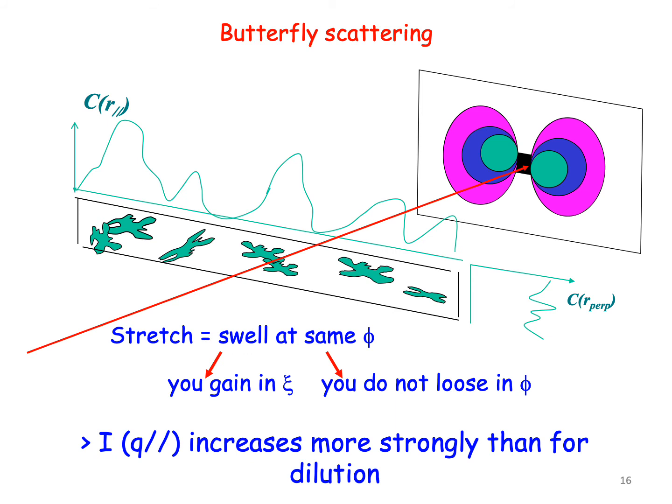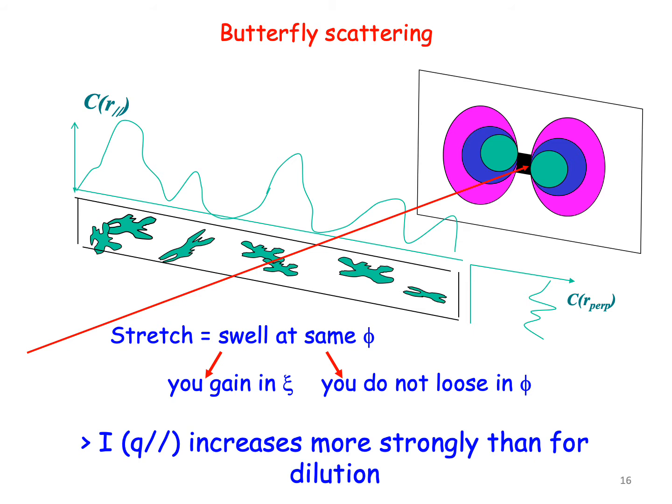Well, if the heterogeneities are at first interpenetrated completely or at least partly, they will be disinterpenetrated by the stretching, as you can see here. This will be increasing the spatial variation of the concentration, and the scattering will be larger in the parallel direction, while it will be lower in the perpendicular one.